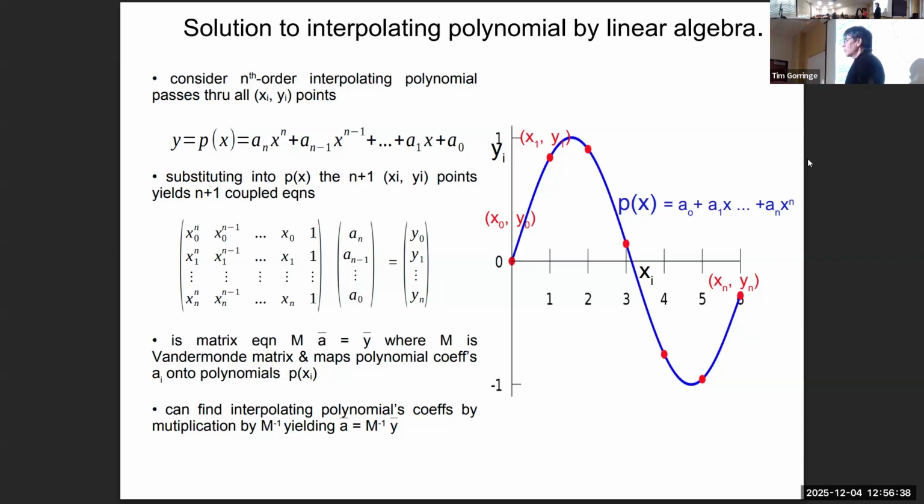I think it's nothing more than that. When you want to write that compactly in terms of matrices and vectors, you naturally get the Vandermonde matrix.